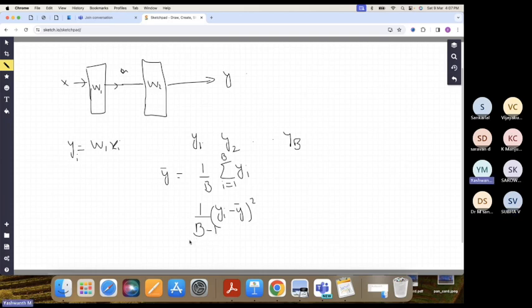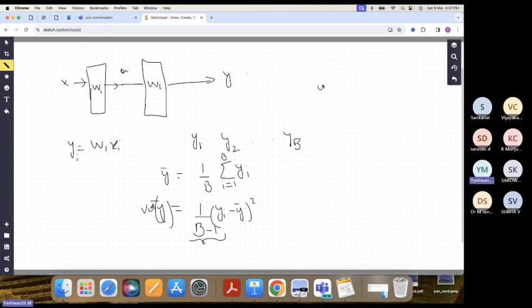Typically, you can do b minus 1. That's an unbiased estimate. So this is the variance of y. Then what do you do to this?